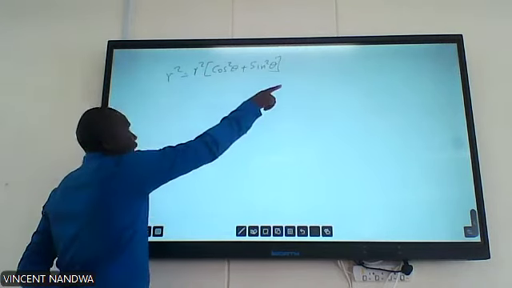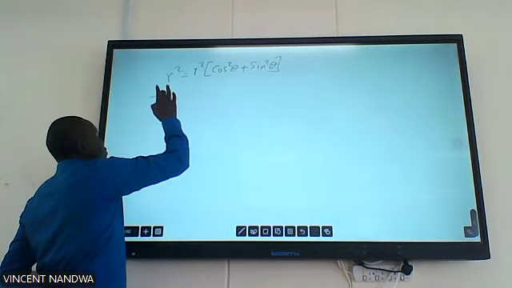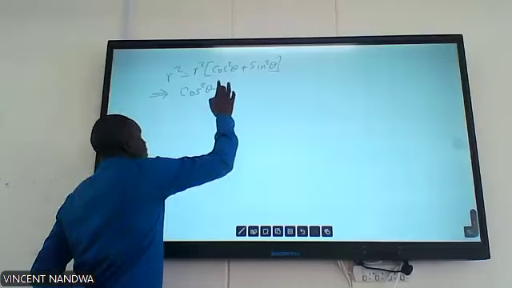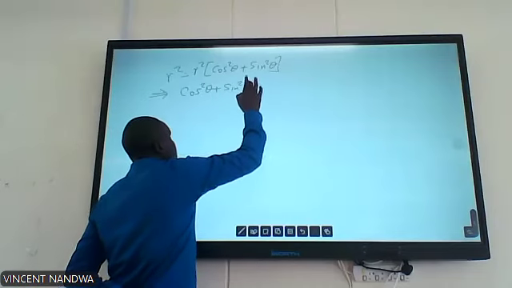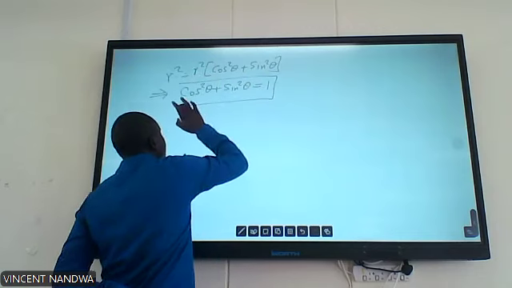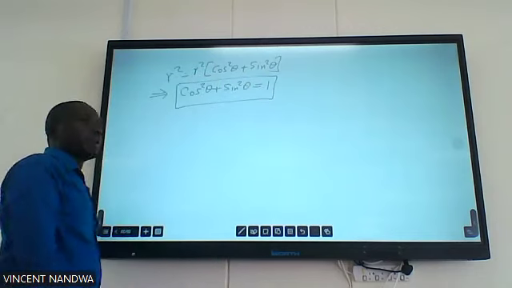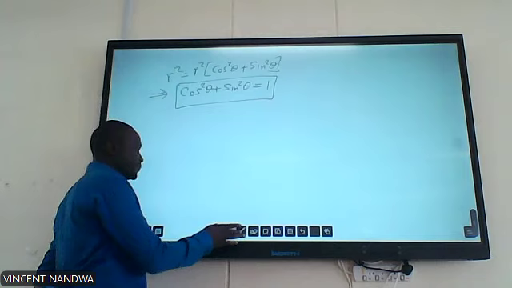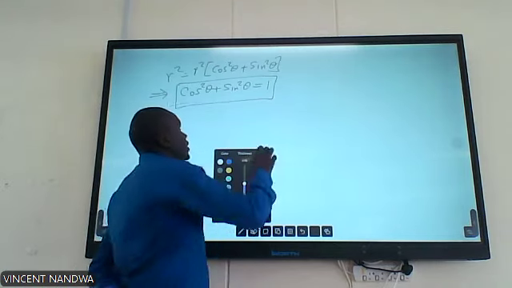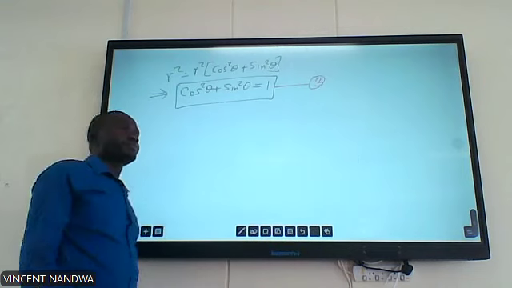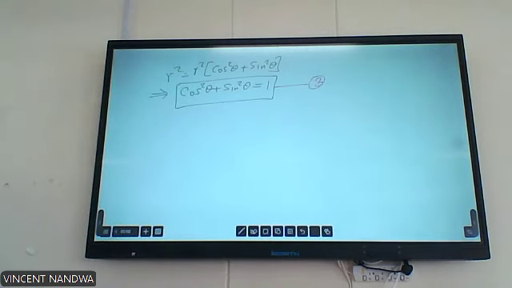Then you can divide through by r squared because r is non-zero, which means that cos squared theta plus sine squared theta is equal to 1. This is a very powerful identity that is going to help us solve problems on trigonometry. Call it 3. Give a name to that.